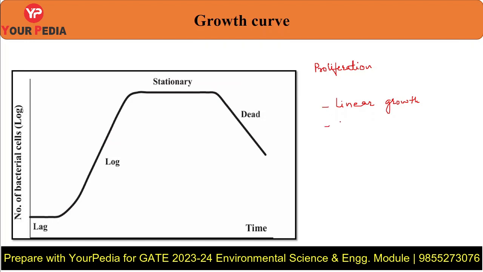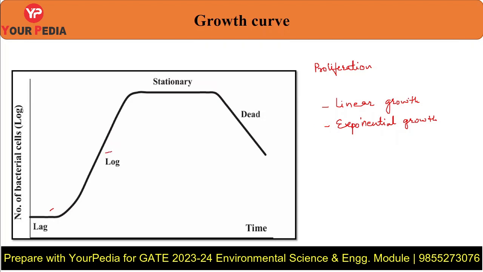And the other type is exponential growth. So the growth curve, as we can see on the left side of our slide, follows both these patterns, linear as shown here and exponential as shown here.